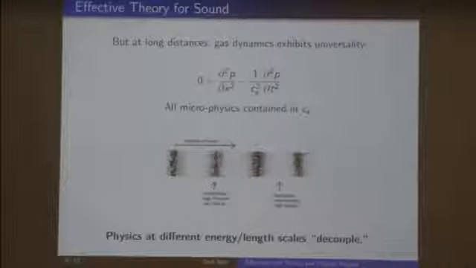In other words, the fine-grained details of the interaction of the gas don't affect the bulk motion of the gas, but instead the bulk motion of the gas is described in its own right by an effective theory, except for the parameters of that effective theory, which are set by the fine-grained details of the gas. And what's very powerful about going to the effective theory of the gas is, like I said before, all gases exhibit sound.